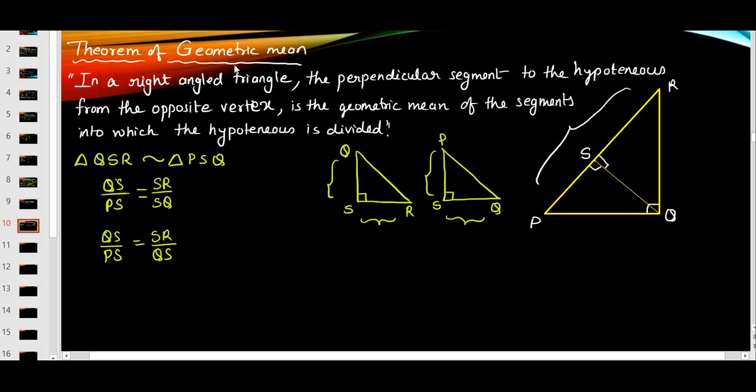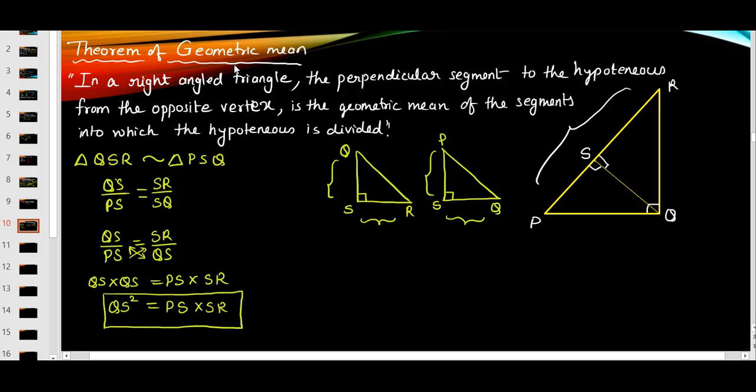Here you can see QS and QS, we can cross multiply, and bring this PS to the other side. So this becomes QS multiplied by QS equals PS multiplied by SR. So it gives QS square equals PS multiplied by SR. This is the formula which you have to remember.